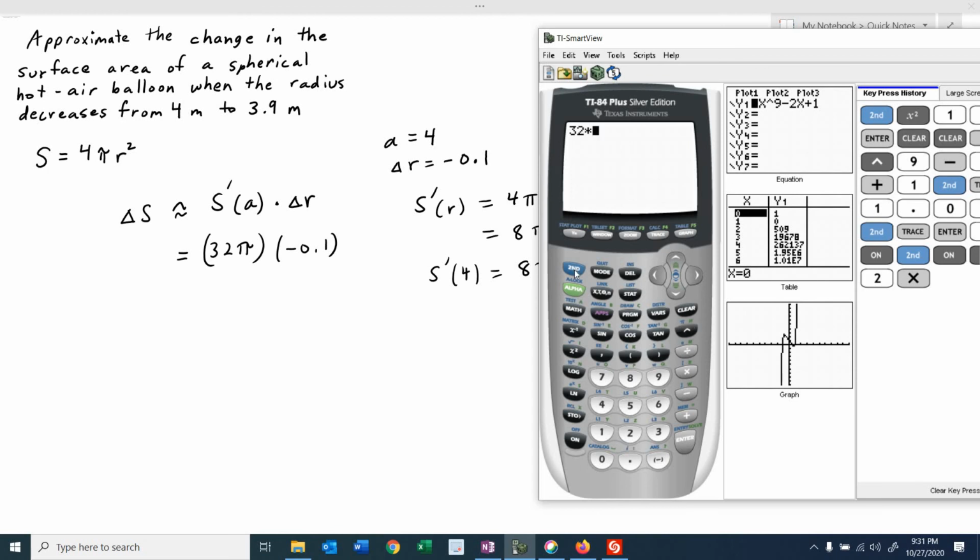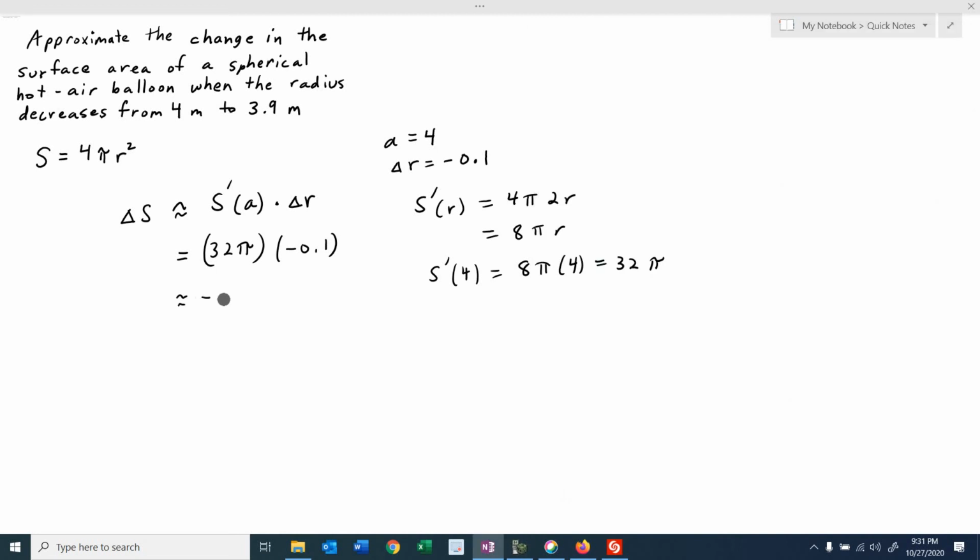It's this blue button, times negative 0.1. So it's about negative 10.05. I'm just going to round that off. And this is in square meters. Now, that's our approximation for the change in the surface area.